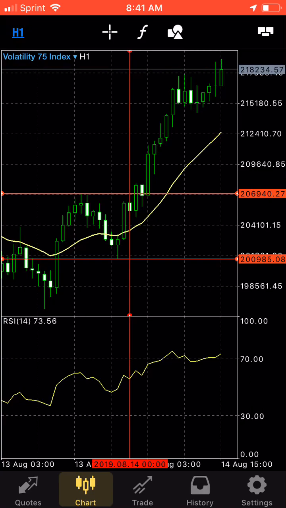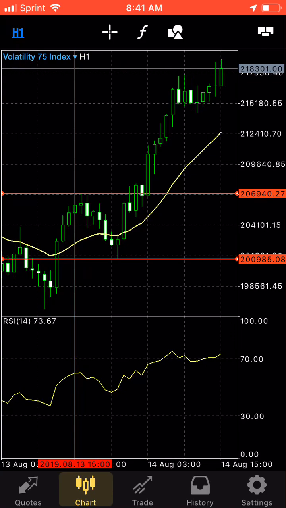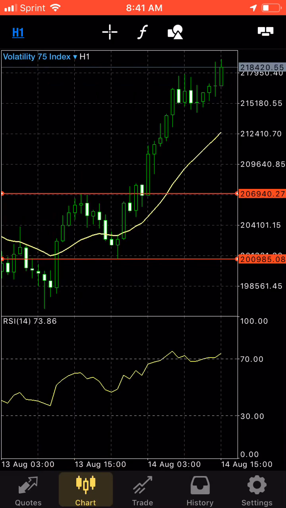Give it respect, let the candle close, and then look at the next candle and see what it is going to do, because you want to know their behavior. Are they going to follow up on the break, or are they going to be a false break?